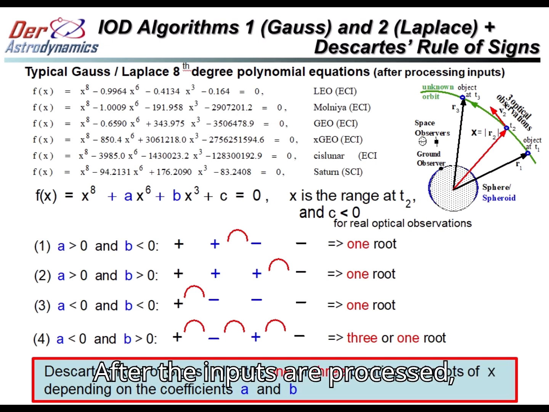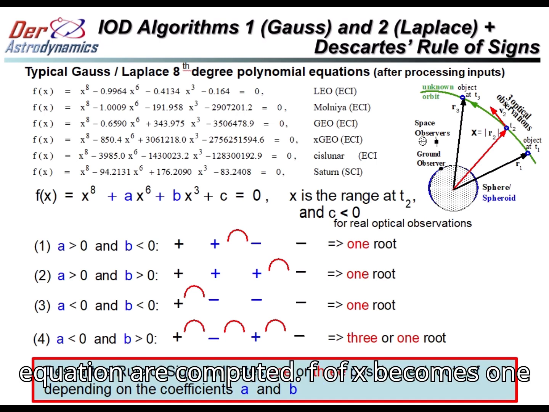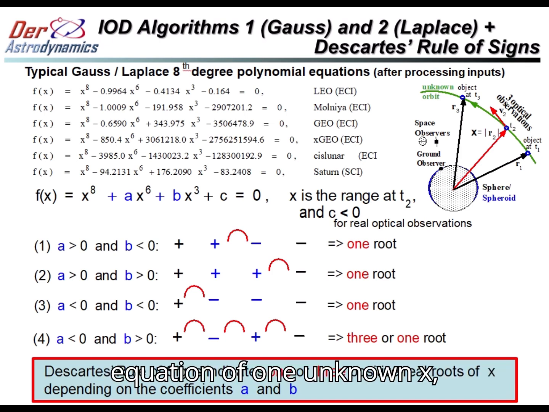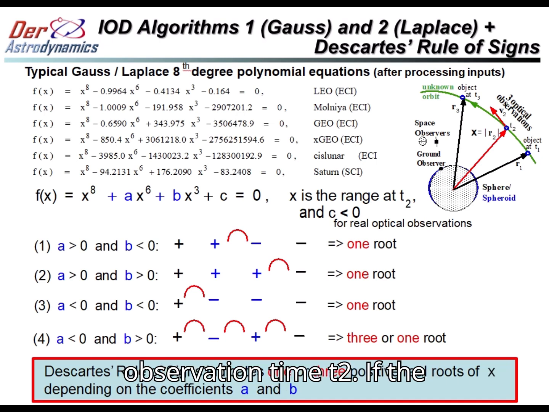After the inputs are processed, the 3 coefficients A, B, and C of the Gauss and Laplace equation, f of x, become one equation of one unknown, x, which is the range at the second observation time T2.